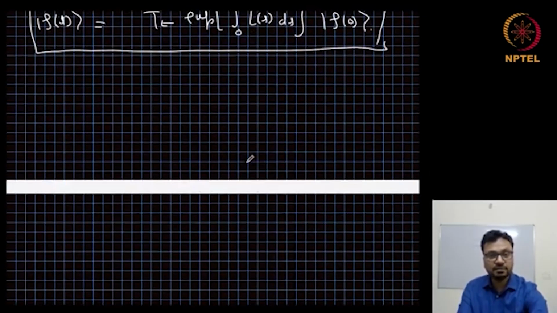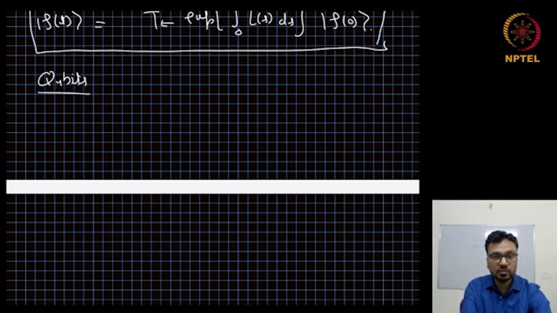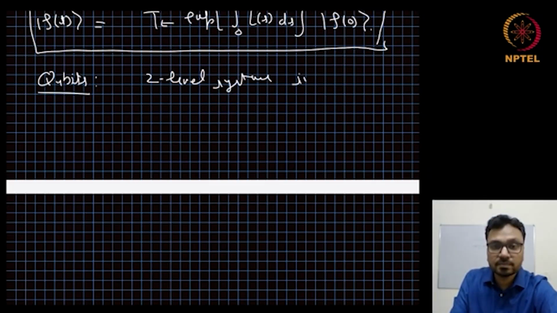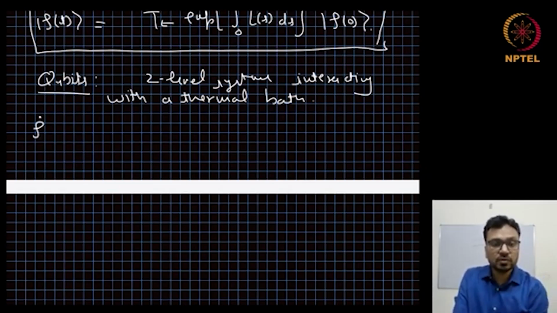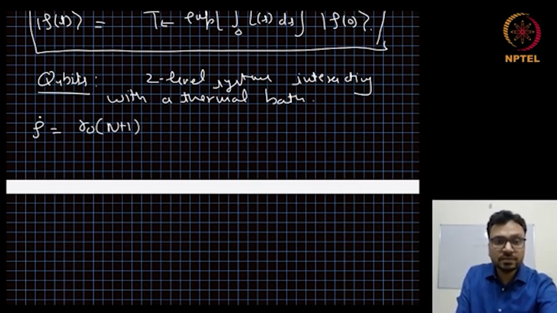Now let us take the example of qubits. That is, we have a two-level system interacting with a thermal bath. In that case, the density matrix rho dot is given by gamma_0 (n plus 1).